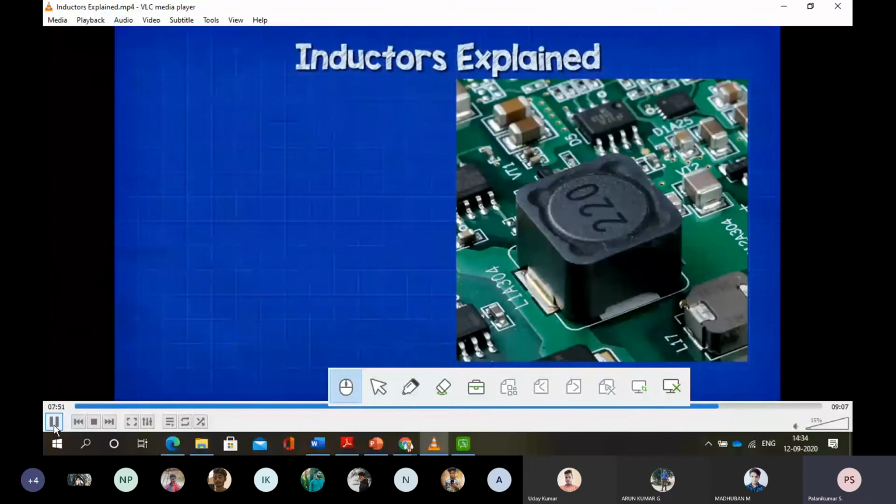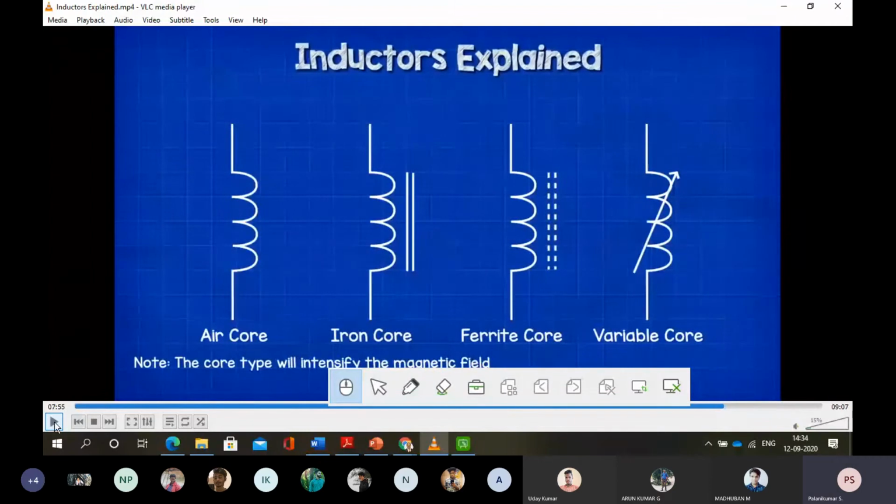Whenever we see this mounted in any circuit arrangement, you can recognize that it is an inductor. Last class we also mentioned that there are four different types. If no core is used, it is called an air core inductor.